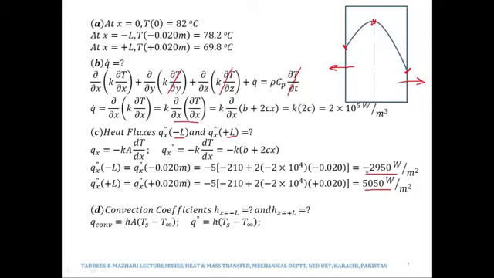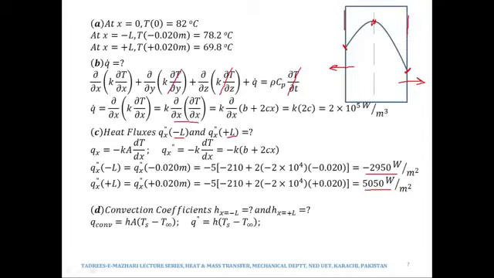You can call it minus 2950, but the minus sign is only telling us the direction. The magnitude of that heat flux is 2950, and on the other phase the heat flux is 5050. So we know the heat flux, we know Ts. At this phase the value of Ts is 78, and at this phase the value of Ts is 69.